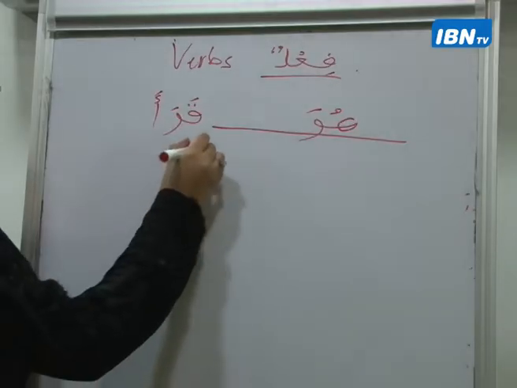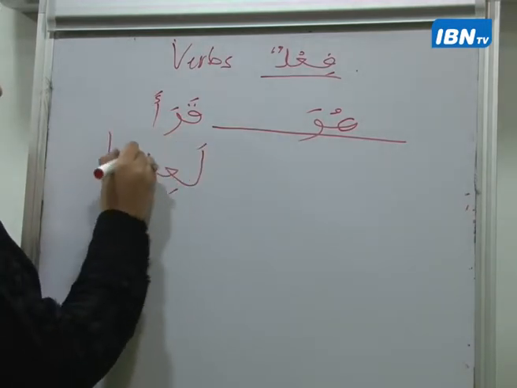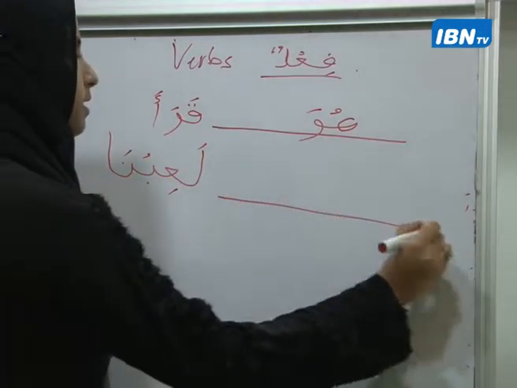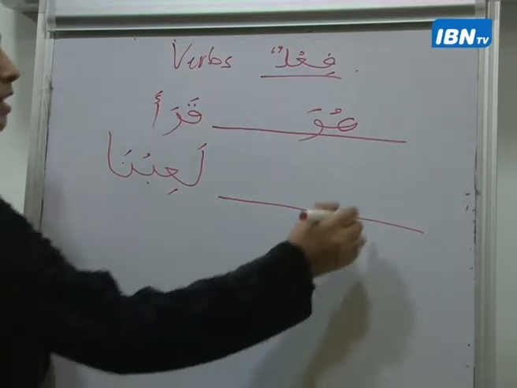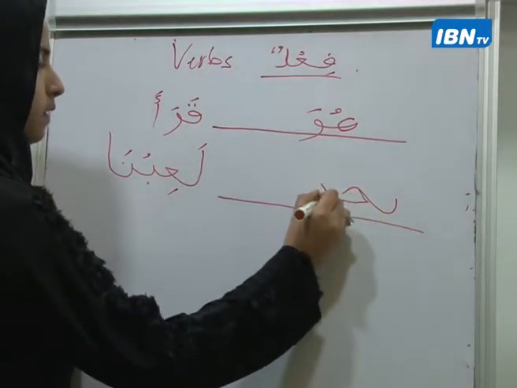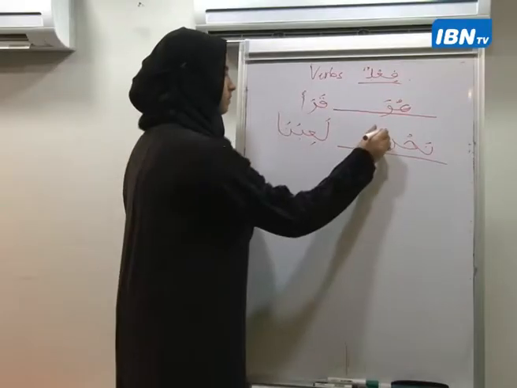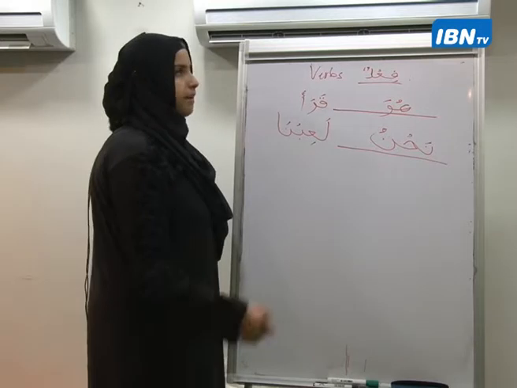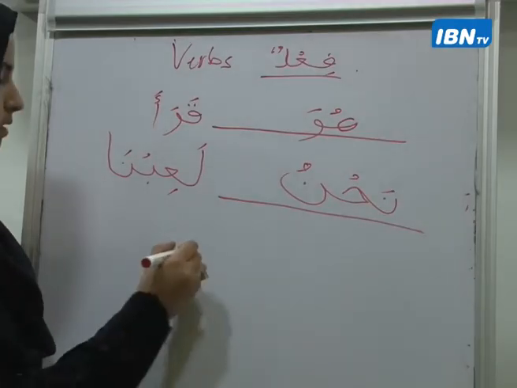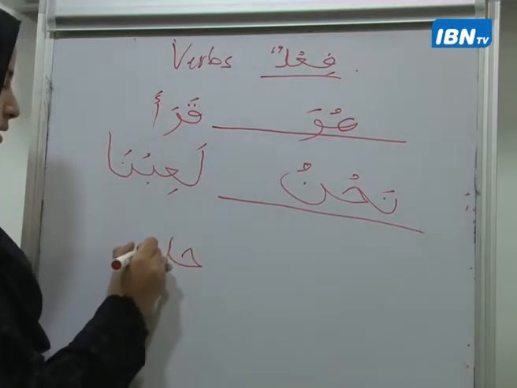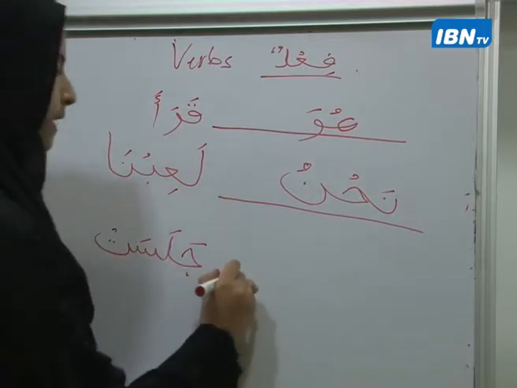What if I want to say la'ibna? The appropriate pronoun I'm going to put for that, nahnu la'ibna. So I have nahnu. Right. Any other? Let's say I want to say jalasat, right?